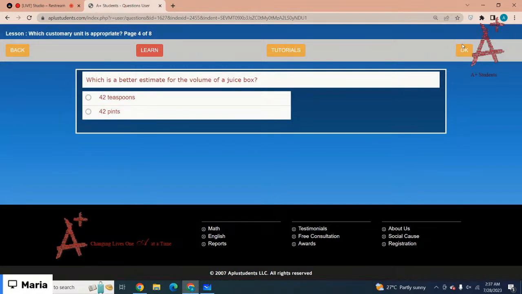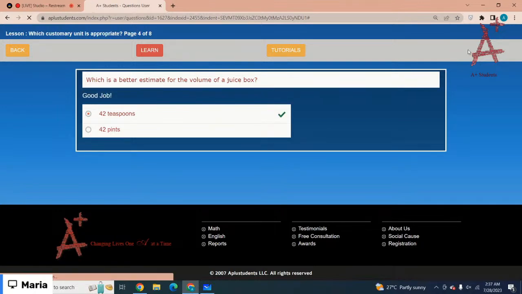The correct option is for a juice box, it would be 42 teaspoons because 42 teaspoons is much less, but 42 pints is much more. For a juice box, that would be 42 teaspoons.